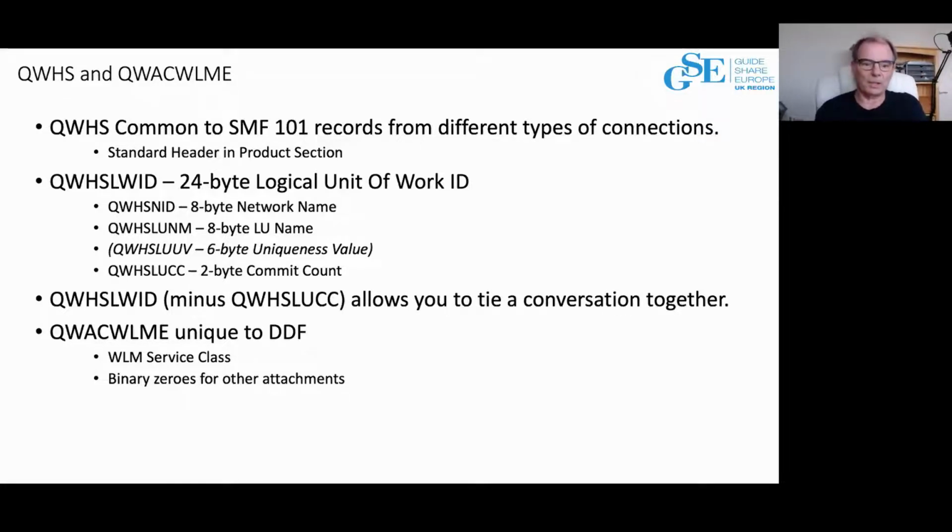And one in particular, this logical unit of work ID, if you take away the commit count, is something that allows you to tie a whole conversation together. So you could have a bunch of records, the same conversation between a client and a DB2 server. They will have the same logical unit of work ID if you throw away the last 2 bytes of it. So that's quite a nice way of tying stuff together. And as I say, QLAC WLME is unique to DDF, is really handy as well.